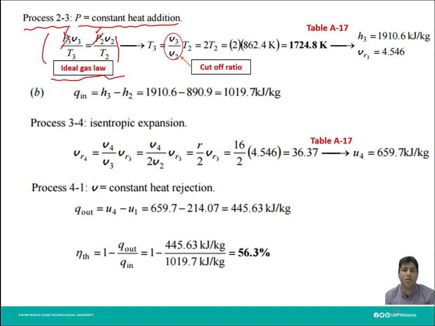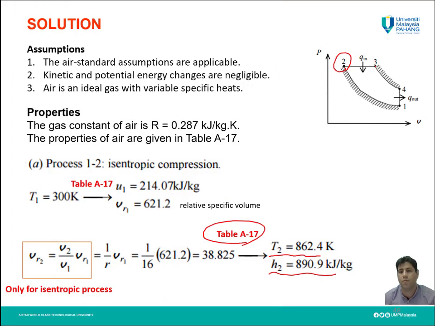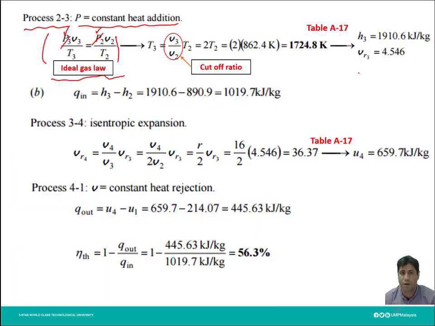If you notice here, V3 divided by V2 is the cutoff ratio. If you remember, we mentioned that the cutoff ratio is the volume of the cylinder at the end of the constant pressure expansion process to the volume at the beginning of the constant pressure expansion process.